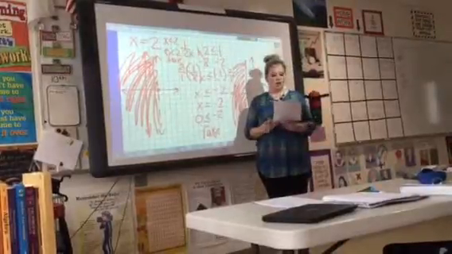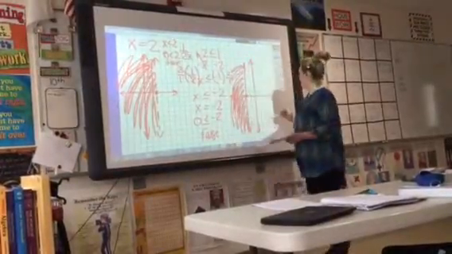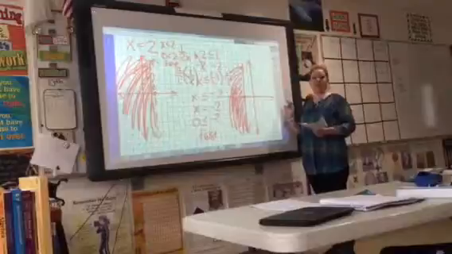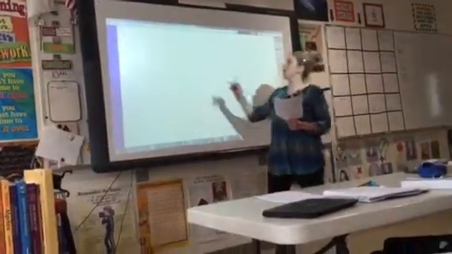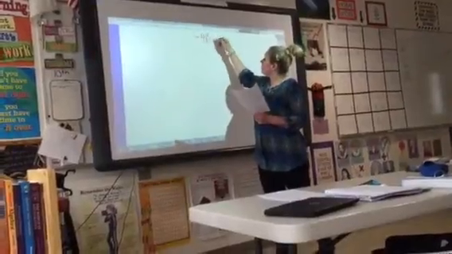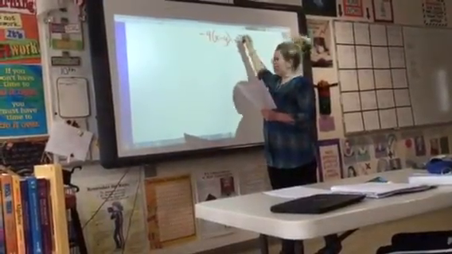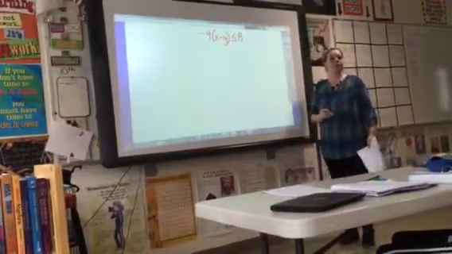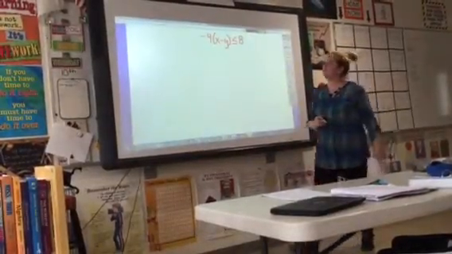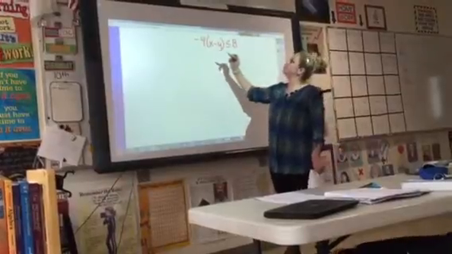All right, one more. The hardest part about this last one is just putting it into slope-intercept form, okay? Or realizing that it needs to be. Okay, so how would you put this into slope-intercept form? Well, you have to distribute.